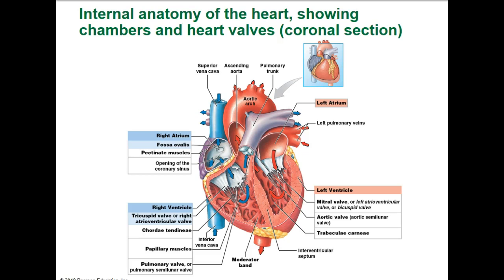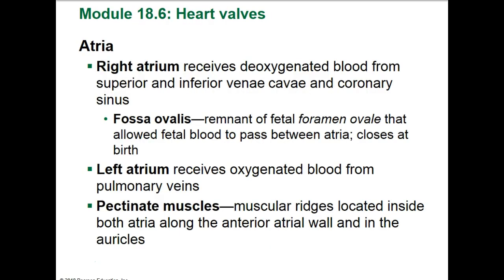Again, that's between the right atrium and the right ventricle. The valve between the left atrium and left ventricle we call the left AV valve, or it has two other names, a bicuspid or a mitral. The cuspid part has to do with how many flaps it has. The semilunar valves going to the aorta and the pulmonary trunk are similar.